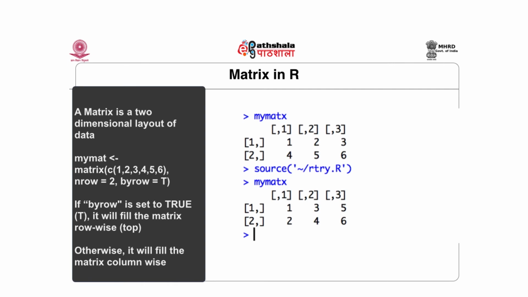The next level of organization of information in R after vectors is the matrix. A matrix is a very simple table-like structure. Matrices have rows and columns, and matrices are two-dimensional. Like vectors, matrices contain only one type of information.